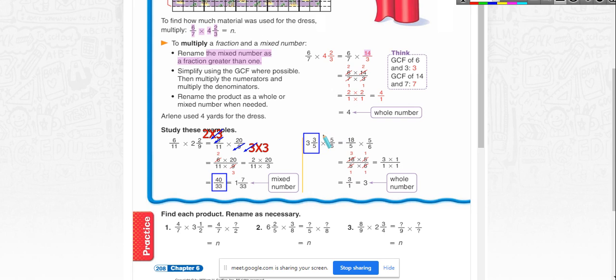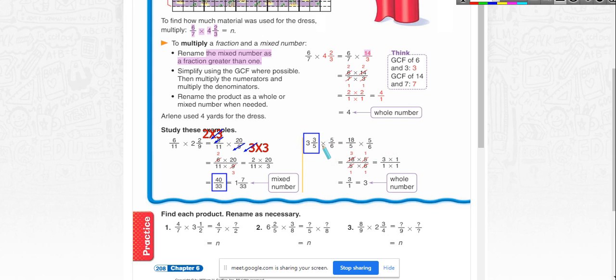We multiply the 5 with the 3 and we plus the 3. 5 multiplied by 3 it equal 15 and plus 3 it will equal 18. 18 out of 5. And then we multiply by 5 out of 6.